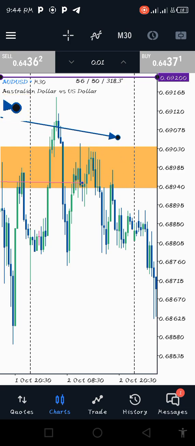So if we were taking this trade in line with the New York or in line with the London session, we could have taken this trade right here, right about.